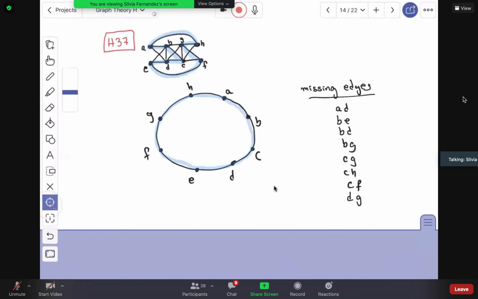And then I go to E. EB is already there because we went in alphabetical order. EF. F is missing FC, same reason, that's already there as CF. For G, I only have to check against the next letters. GH, so nothing. That's it. HE is already there. So these are the edges that are missing.